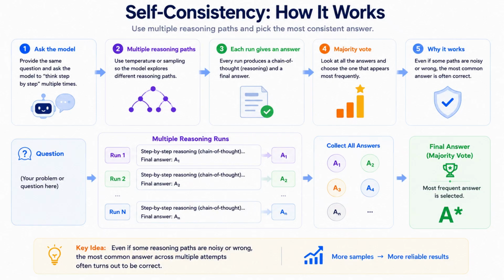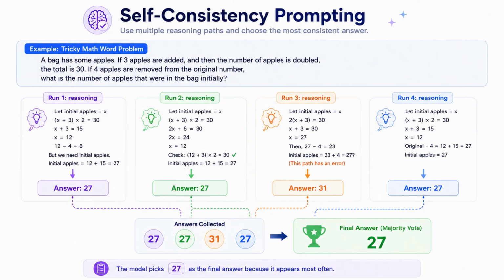This works because even if some reasoning paths are noisy or wrong, the most common answer across multiple attempts often turns out to be correct. For example, if we ask a tricky math word problem, run one reasoning answer 27, run two reasoning answer 27, run three reasoning and answer 31, run four reasoning and answer 27.